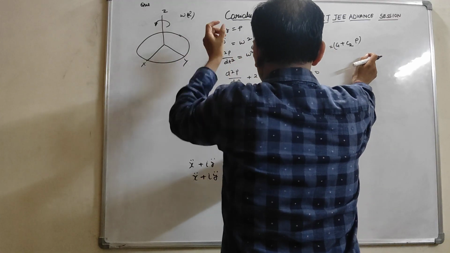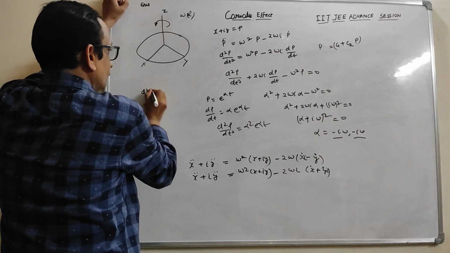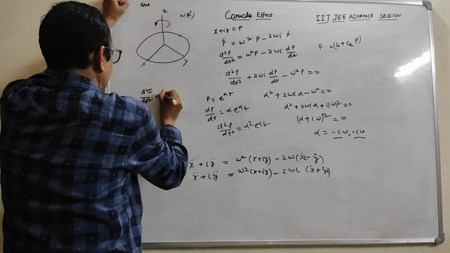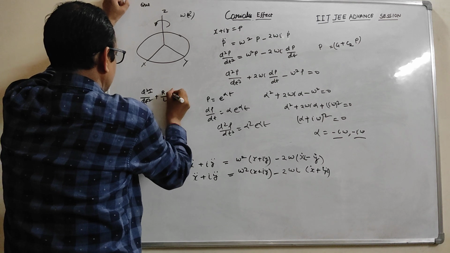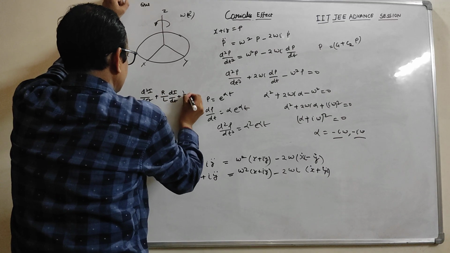Suppose d2i over dt square plus r by l di by dt plus 1 by lc is equal to 0.